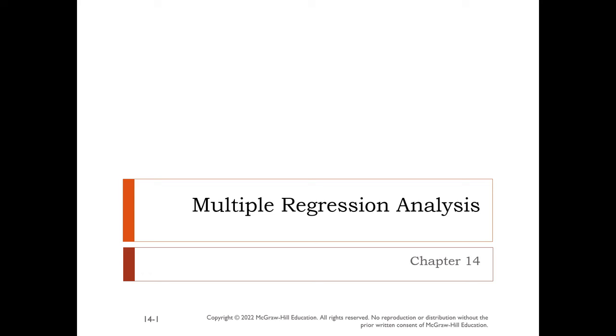Probably one of the last of the bigger ones that we have in multiple regression analysis. So something right along the lines of chapter 13, which went through linear regression.